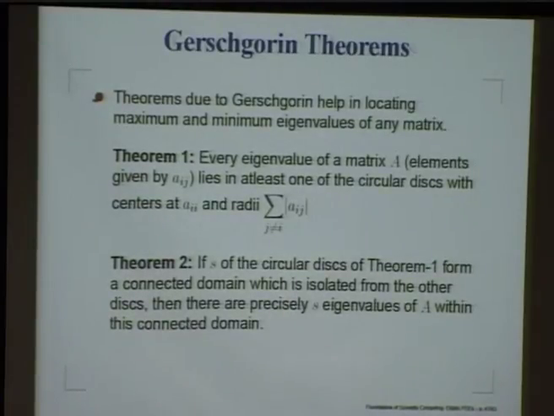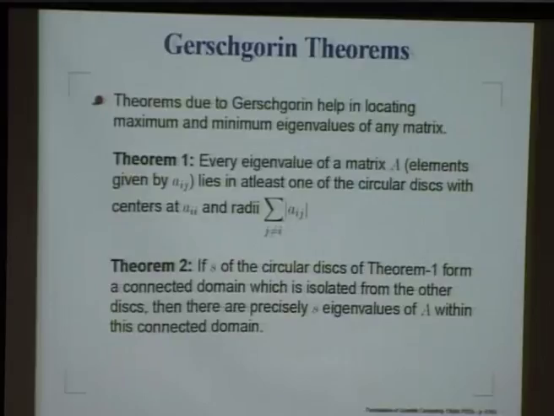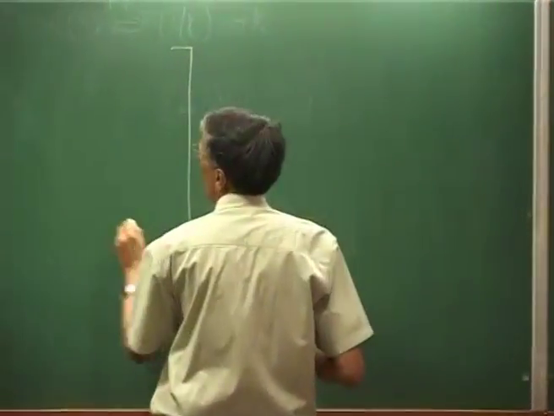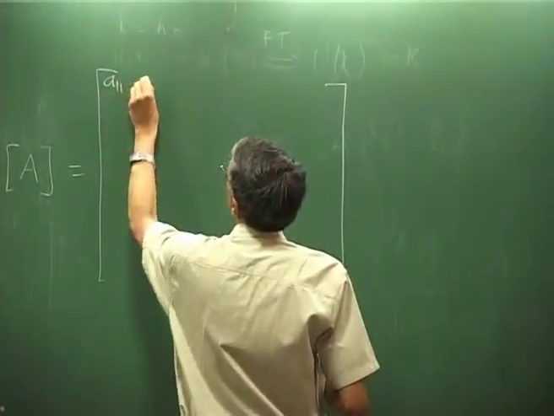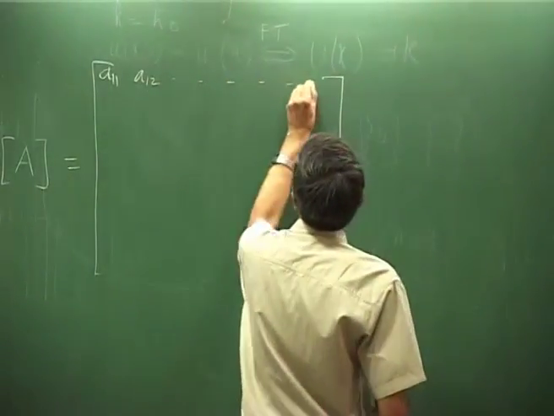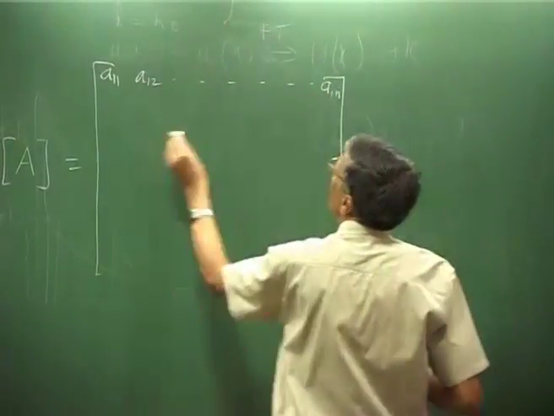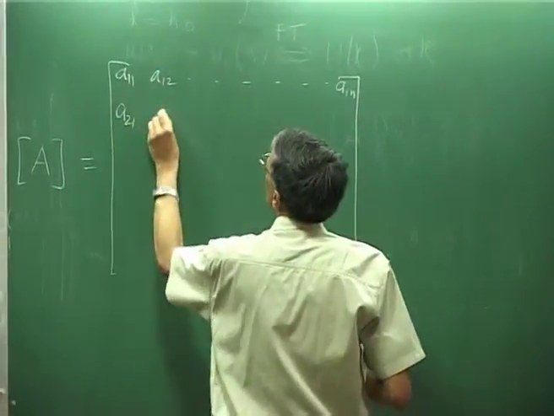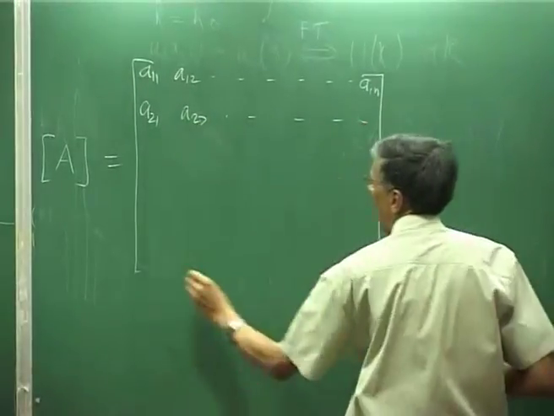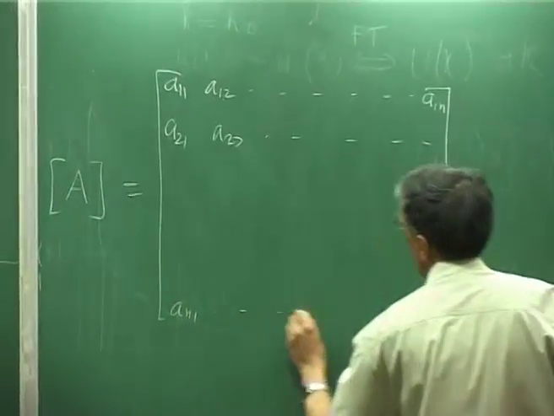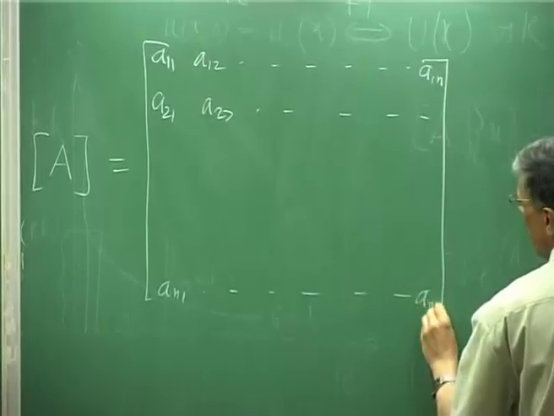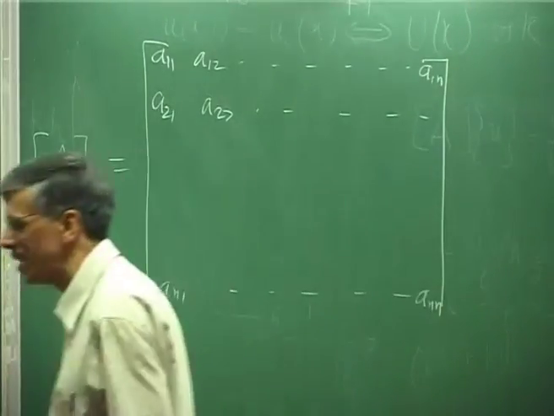Okay. So, let us say I have a matrix A. I can write down all those quantities A11, A12 and so on, A1n, and so on up to Ann. So, let us say I have a full matrix like this.